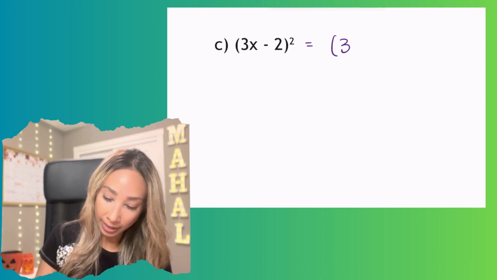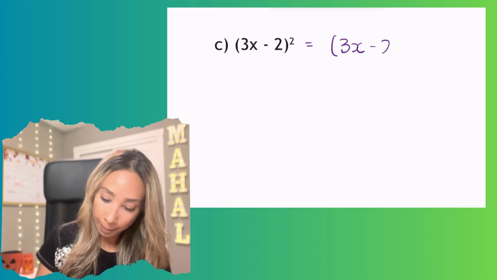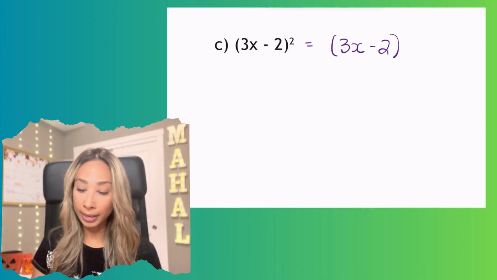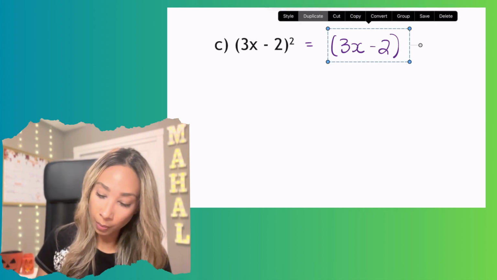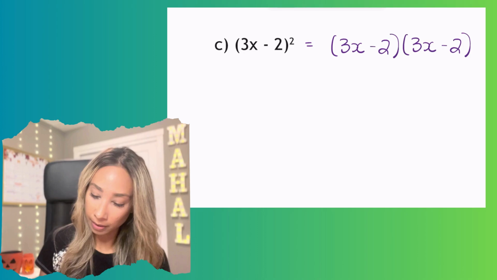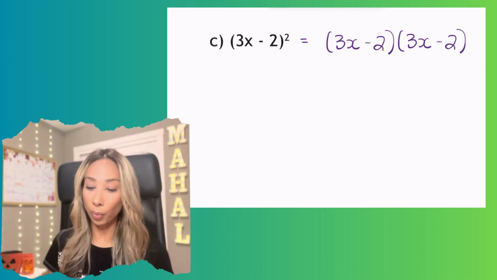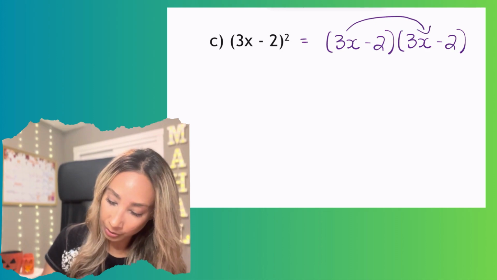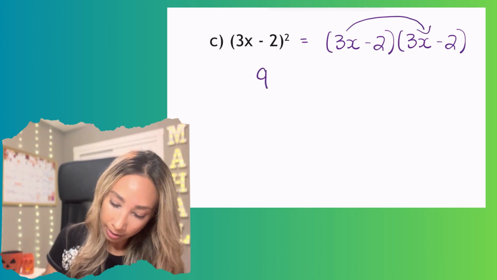We have 3x minus 2, that's one of them, we're squaring it, so we have another one right next to it. Now we're going to go ahead and do FOIL. So for the FOIL, we're going to go 3x times 3x, that's going to get me to 9x squared.